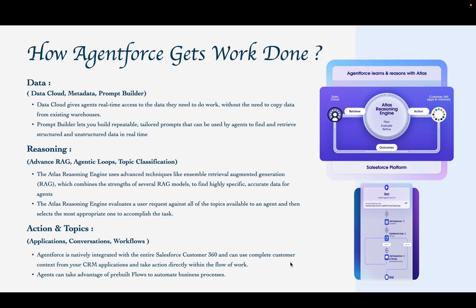They also use agentic loops. By that it means it breaks down the initial prompt into smaller tasks, evaluating at each step and proposing a plan for how to proceed. For example, if an agent is handling a customer inquiry, it identifies the intent, searches for relevant data, and then creates a plan of action and evaluates the effectiveness of the action as well.